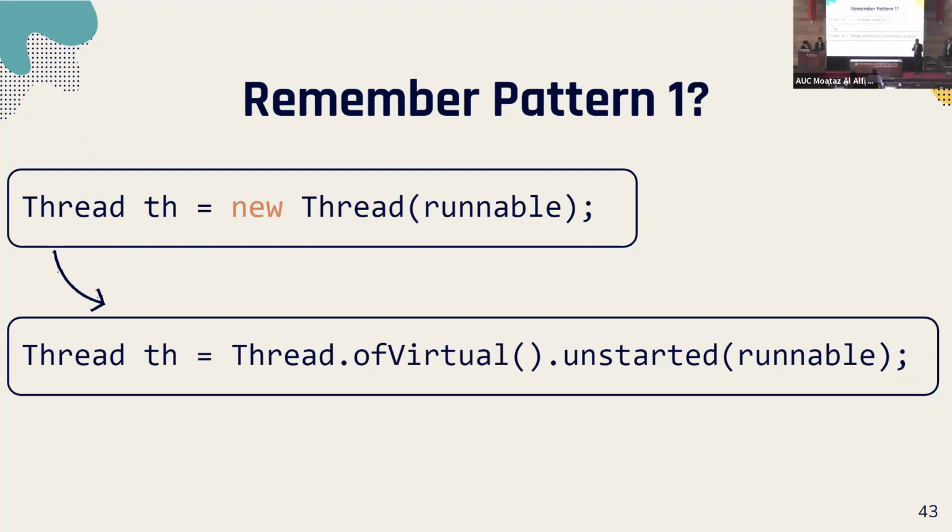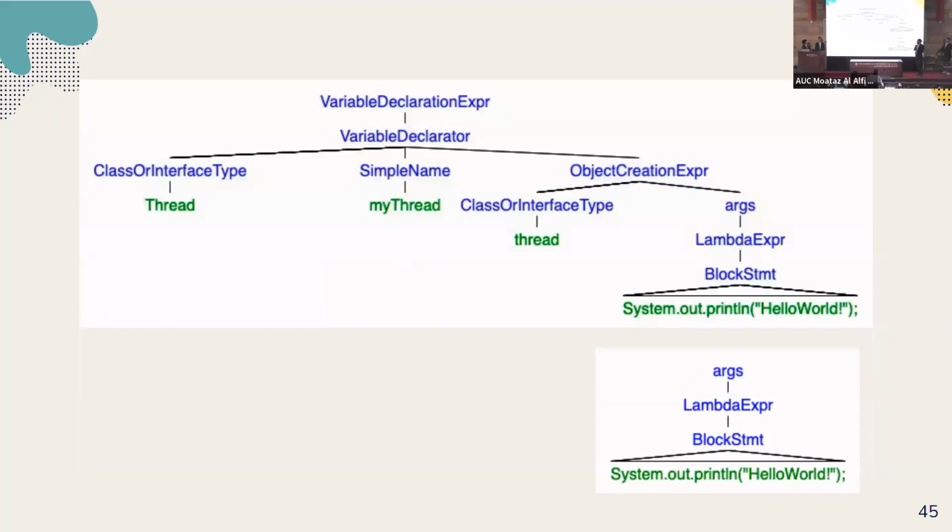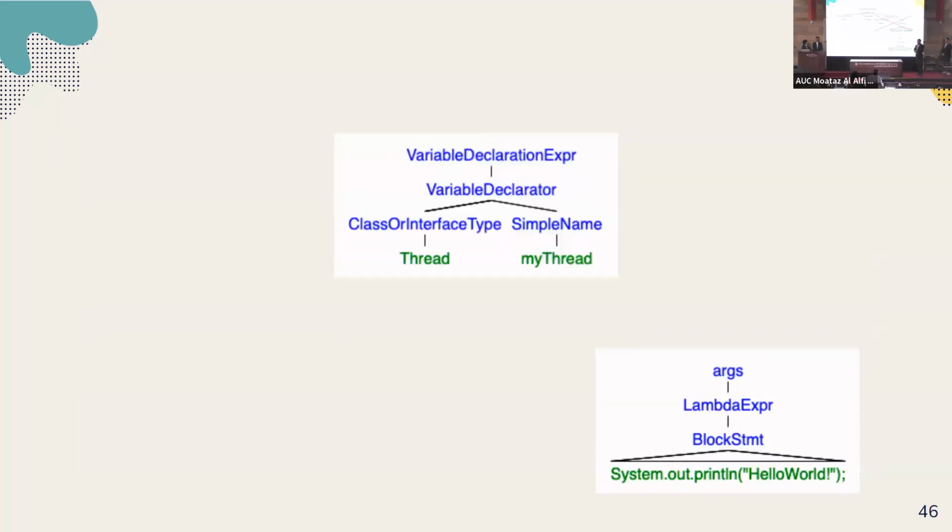So just to get a sense of how an abstract syntax tree works, let's go through how the first pattern is implemented. As you remember, the first pattern is just an instantiation of a new Thread object. This is an abstract syntax tree that represents exactly that. The very first step in order to migrate this would be to copy the arguments, then delete the entire object creation statement, leaving us with just a Thread called myThread.